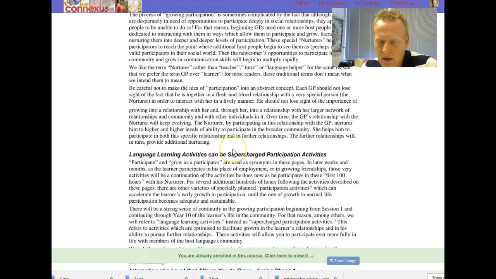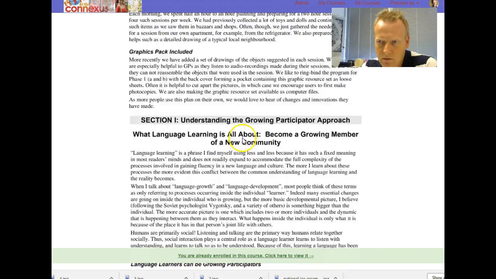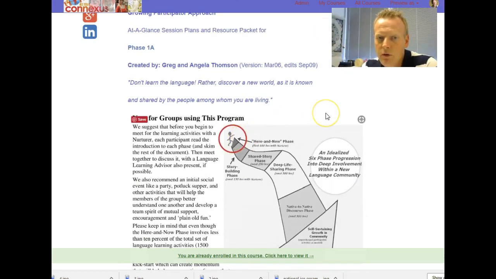That just happens to be the languages that the lesson plans have been translated into. But the truth is, you as a language learner in this material are called a growing participator. You're the one that's guiding and directing your language sessions, and your nurturer, or your teacher, if you will, is just following your lead.